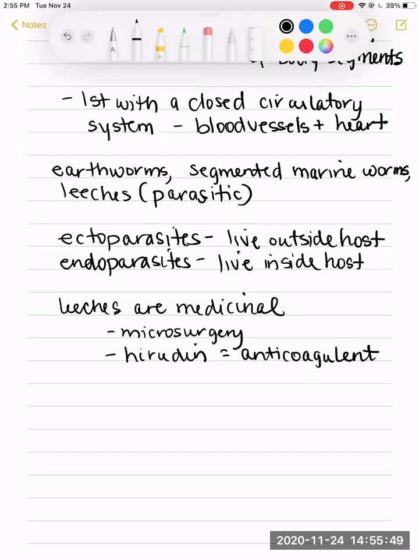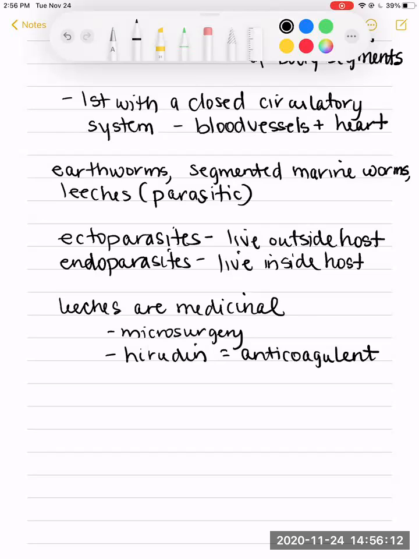Okay, so let's think about it. You're an ectoparasite and you're sucking blood from your host. You don't want the blood clotting as it's coming into your mouth parts. So they produce this anticoagulant. So basically the mouth parts are getting blood that's not clotting. The clotting factor is not working.